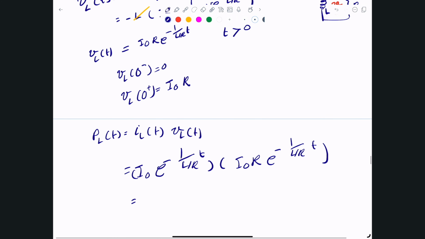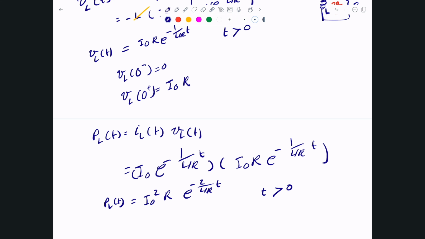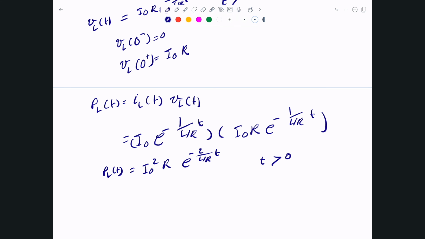Okay, and that's simply I0 squared times R e to the -2 L divided by R of t, and that's for t exactly greater than 0. Again, because before 0 there's no voltage across it, so the power across it was 0, so it's exactly after 0.